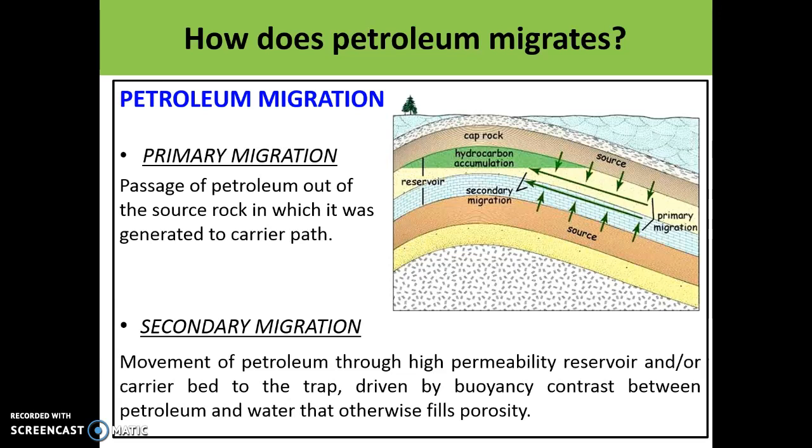Alright, for migration: after generation, the process that will take place in the petroleum system is migration. There are two types of migration: primary migration and secondary migration. Why does this migration mechanism have to be known? Simple, because it's one of the mechanisms that you need to know once you work under enhanced oil recovery.